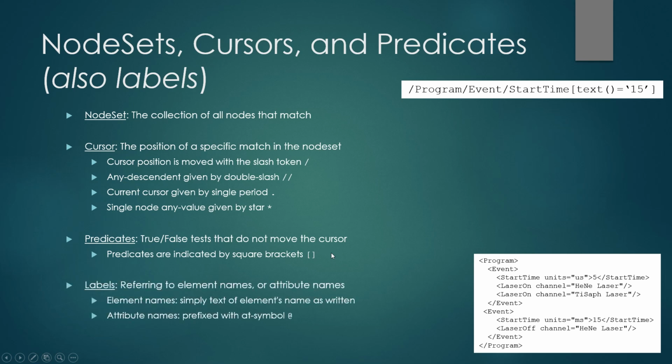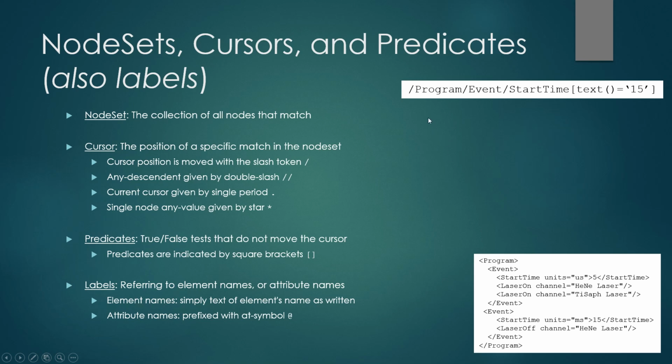The last thing that we're talking about is labels. And labels refer to either element names or attribute names. And there's a few that look like functions that I'm not going to go into too much here, but they also exist. But the point is, it's what's between the slashes or inside the brackets. Okay, so in this case, we have the word program. That's a label. And in particular, it's an element label. So a tag label.